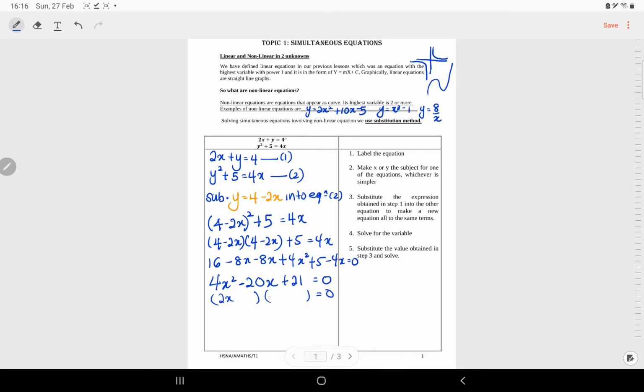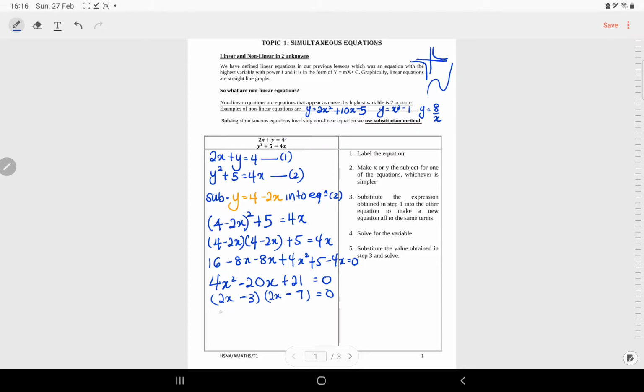So 2x, and you see a constant of 21. So let's have 7 and 3. Okay, so this will give me minus 14x minus 6x. Yes, that will give me negative 20x. And negative 3 times negative 7, that will be positive 21.